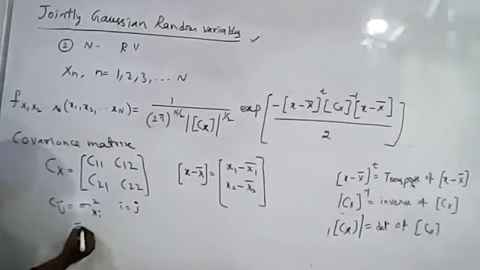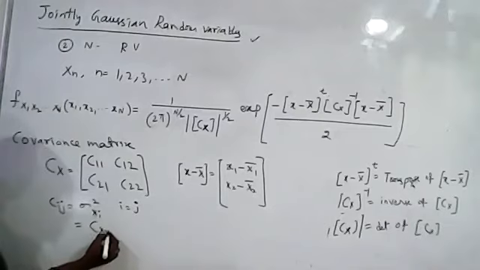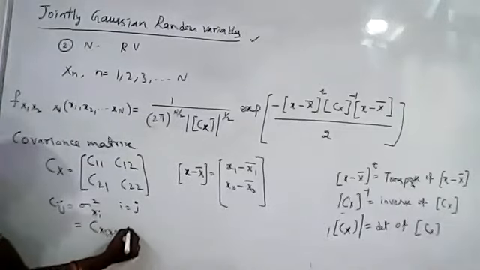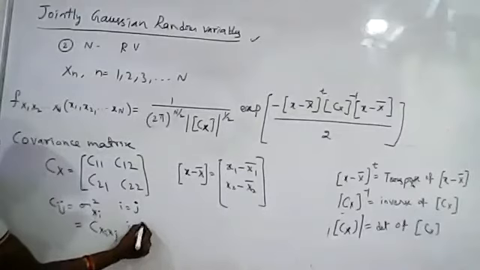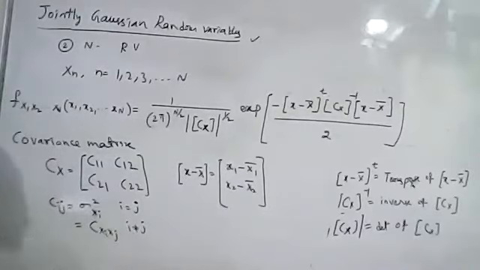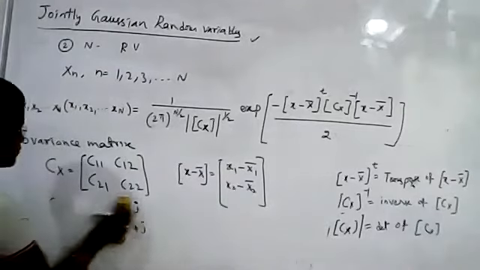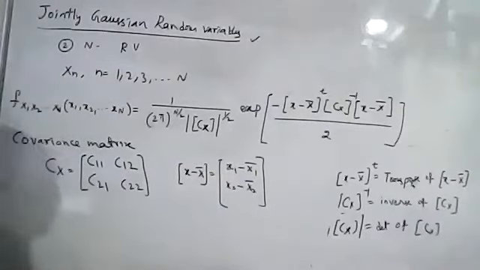If i is not equal to j, this is sigma xi xj.